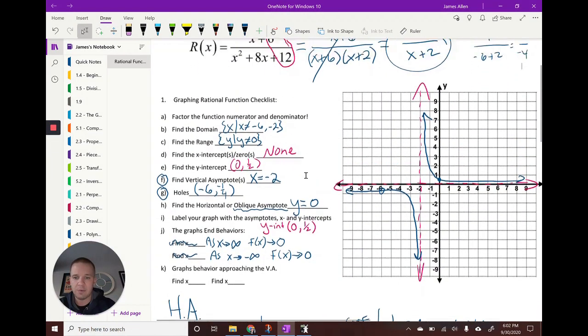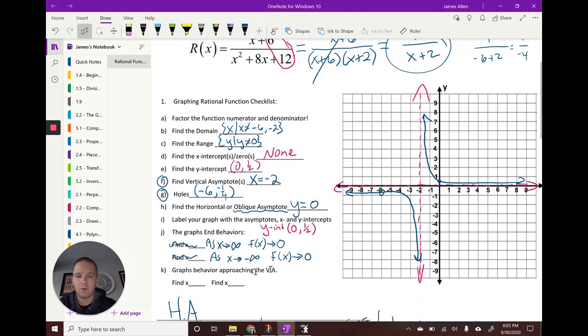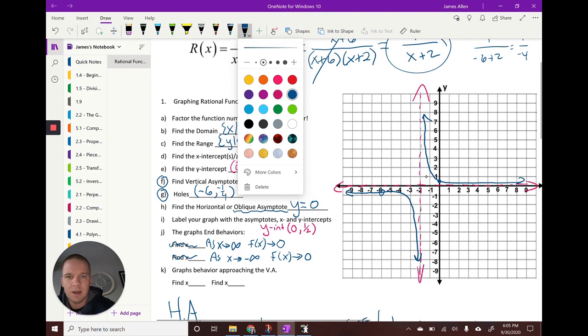We got one last part here. Graph behavior approaching the vertical asymptotes. Well, maybe we can use our calculator to do the same thing. And I'm going to plug in some numbers here to save a little time. All right, so if I'm coming from the right-hand side over here on the graph, and I'm going to plug in some numbers that are really close to -2, I could use some values like, let's see here, what's right next to it there?